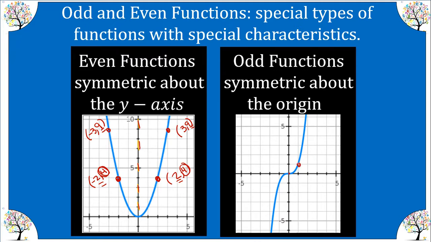Now let's take a look at when we put in a +1 compared to when we put in a -1. So when I put in +1, my output is 1. But this time, instead of getting out a +1, the same value as we did on even, if we get out opposite values, if our outputs are opposite, then it is odd. It is symmetrical about the origin.